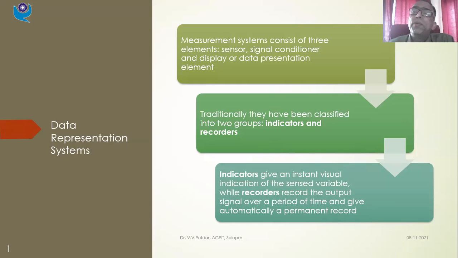So we discussed few of the amplifier circuits, how those can be used for signal conditioning. We saw summing amplifier, we saw integrating amplifier, we saw instrumentation amplifier.